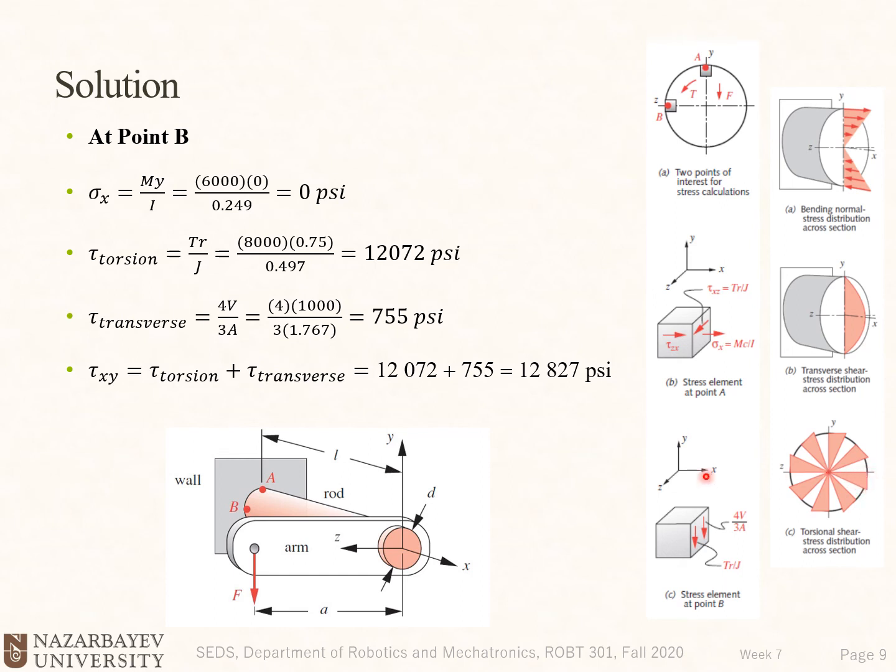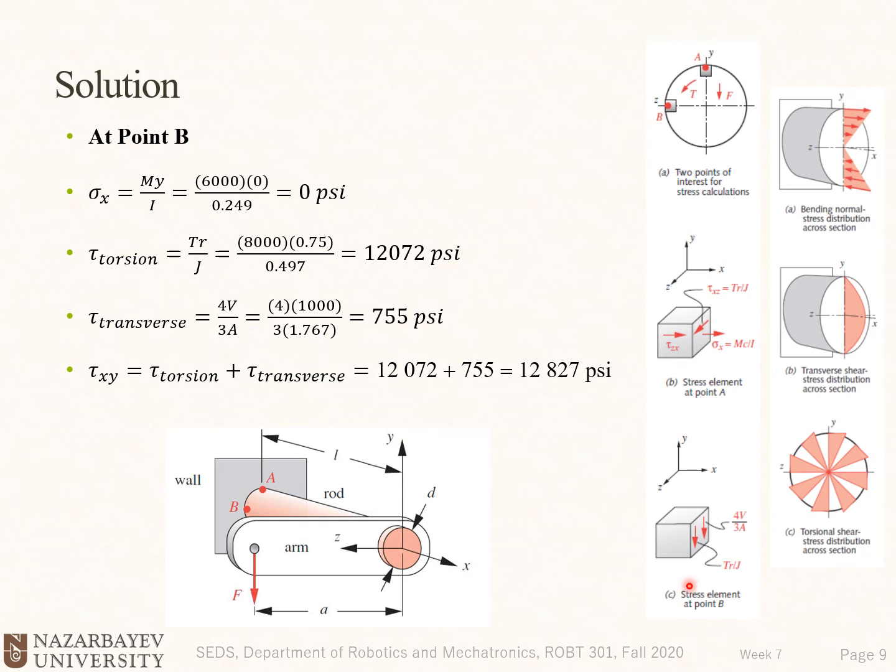So they will have exactly the same direction, and we need to sum them up. So the overall tau xz will be equal to 12,827 psi.